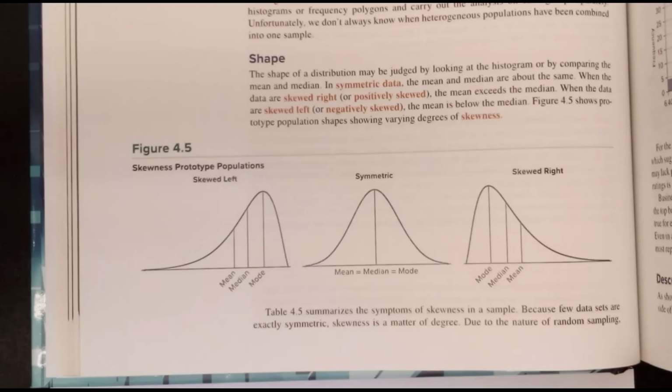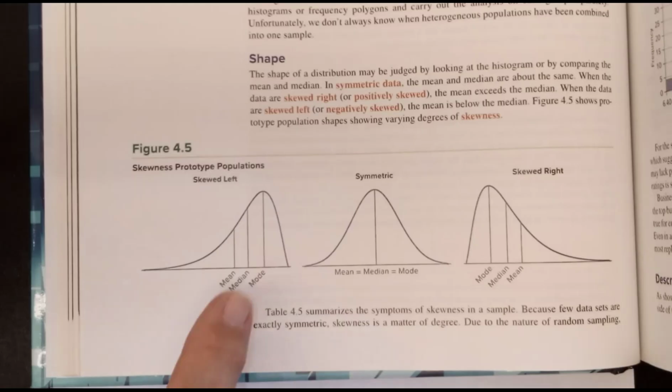And it would equal the mode because that's the highest point on that picture, isn't it? This sort of bell curve shape here in the middle is an ideal prototype for a symmetric distribution of our data. But then I've got those two on the outside edges, and they're skewed.